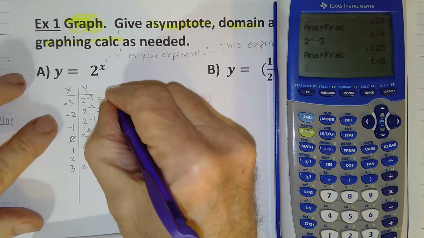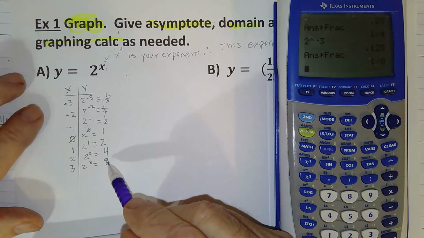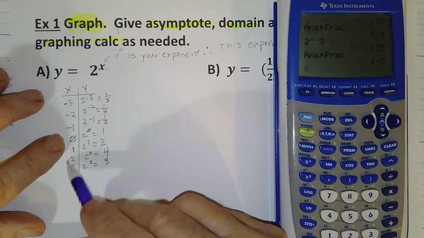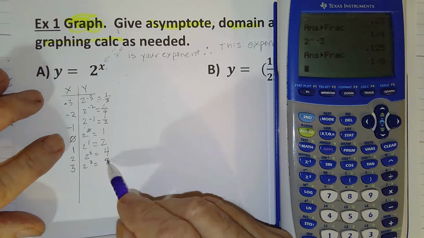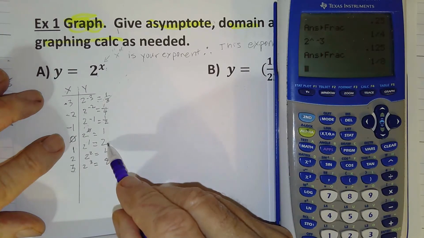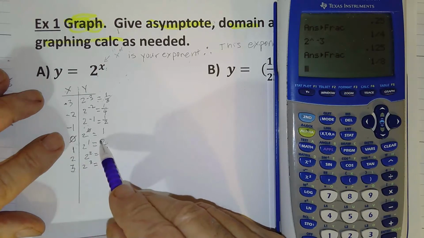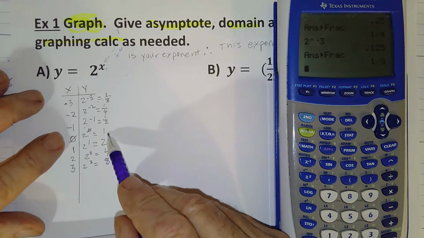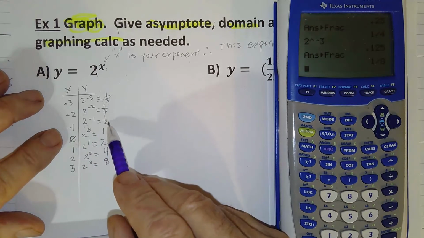Now, if you notice, you start out here where the exponents are positive numbers, the answers are whole numbers. When you get to an exponent of 0, of course, your output for y is 1. But then when you get into the negatives, all of a sudden you get these fractions.